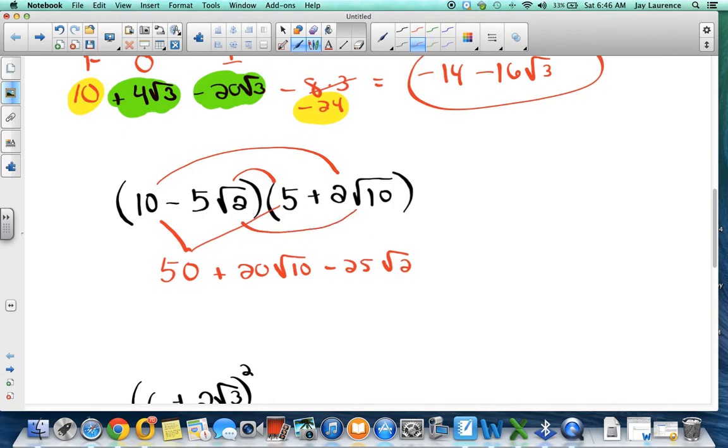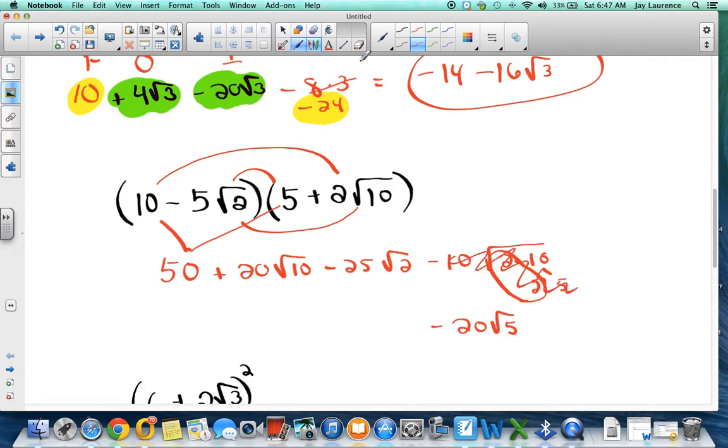Then the lasts, we're going to get a negative 10, but then under the rad, we're going to have 2 times 10, and that's going to break down into 2 times 5. And there is a pair of 2s. So this is really going to be 20 rad 5 for this last one.